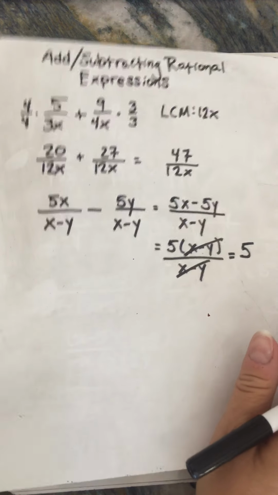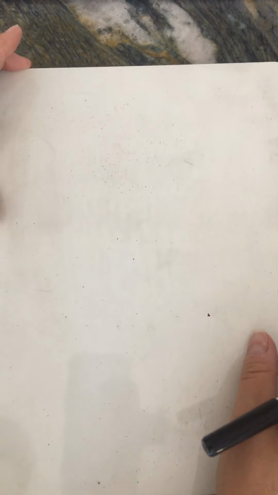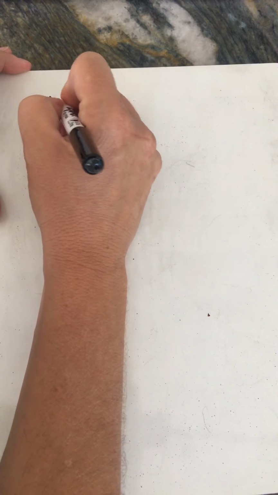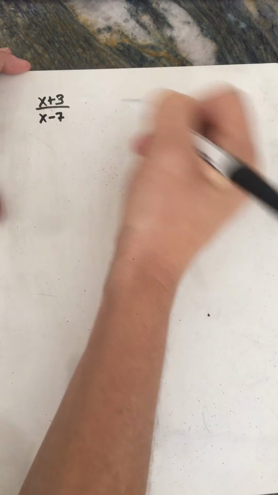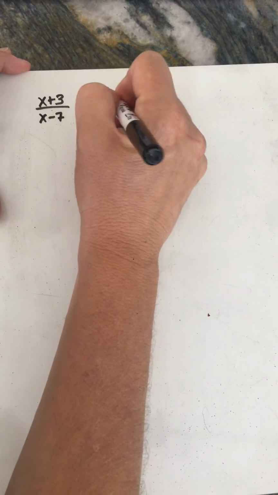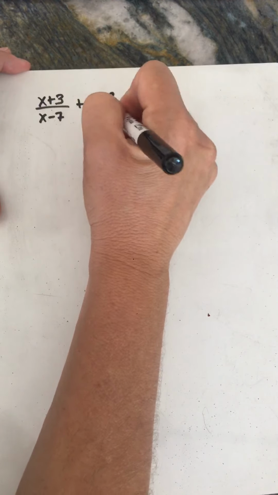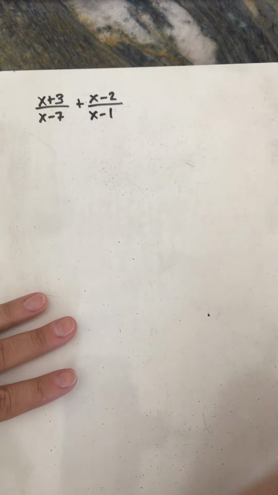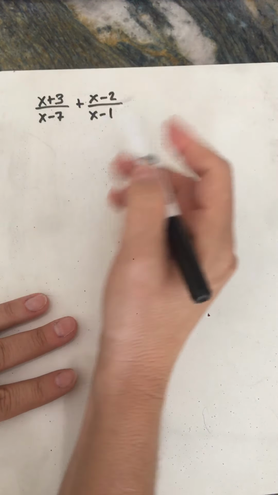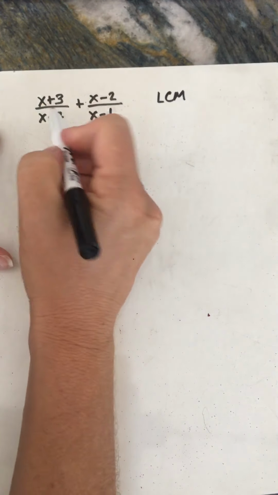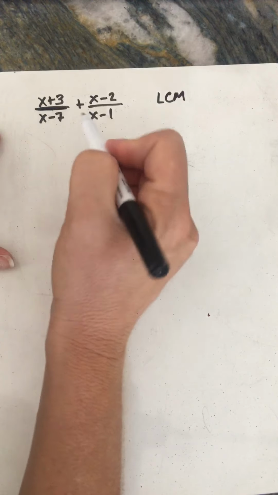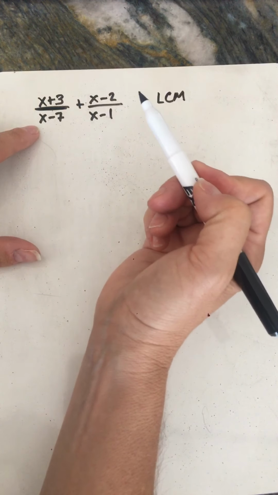All right, let's do one that has a binomial in the denominator, but the denominators are not like. So we've got the quantity x plus 3 divided by the quantity x minus 7 plus the quantity x minus 2 divided by the quantity x minus 1. All right, so we need to find an LCM here. So our LCM, remember the parenthesis is a grouping symbol, so we can't say, oh, hey, they both have an x.